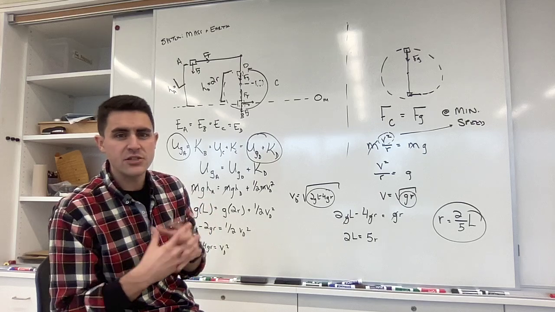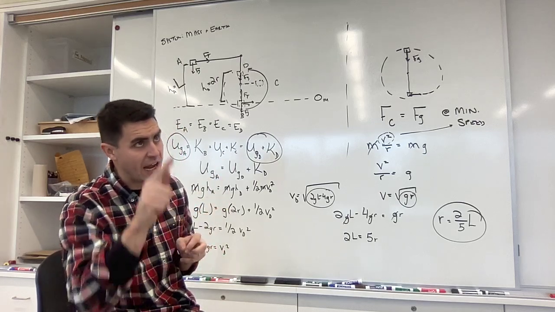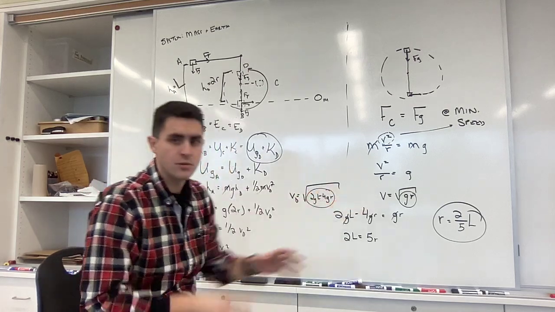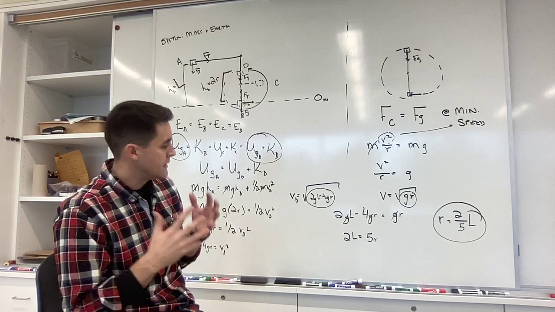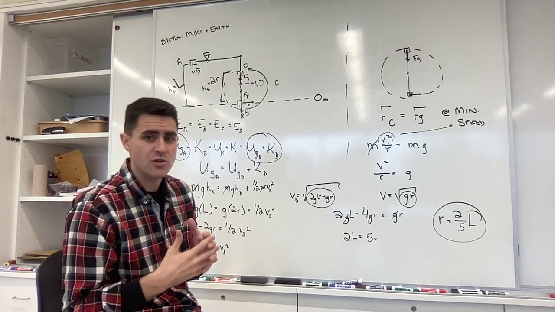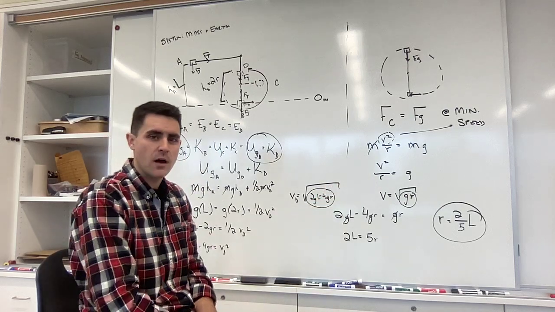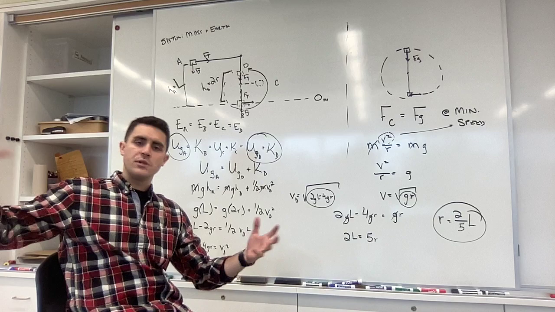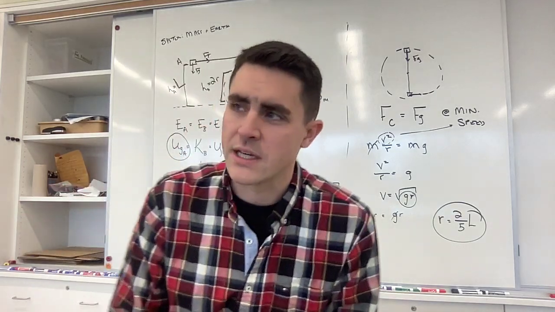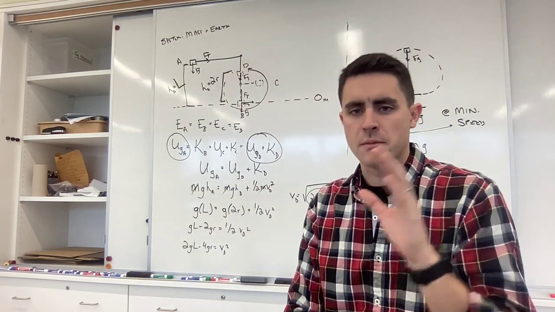We wanted the speed at D to be the minimum speed, so we set those two terms equal to each other. What we determined was that the radius of this circle needed to be exactly 2/5 the length of the pendulum. We saw it, we set it up, we tested it with our eyes, we verified with our measurement, and we got pretty darn close to that minimum speed in the interrupted pendulum.